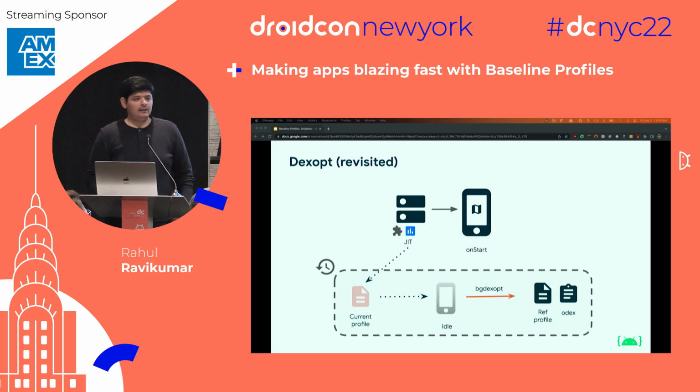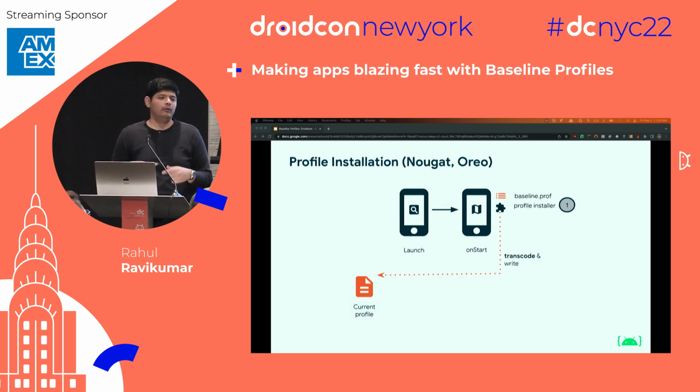And the way this works is if you revisit DexOpt, right? So the just-in-time compiler records things into a current profile. They get picked up by background DexOpt. Things move to a reference profile, and that loop repeats over and over again, and we build a better and better reference profile. Essentially, what profile installer does is it just drops your profile in a location that ART expects to find the profile in Android N and O. So it's like a nice little hack, but it works.